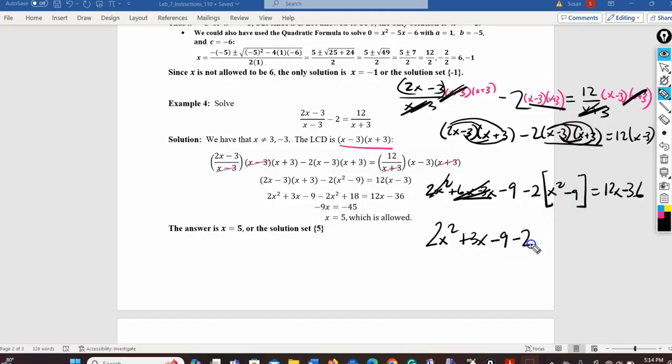Minus 2x squared, and -2 times -9 is plus 18. Now I've got 2x squared here and minus 2x squared, so they cancel. I'm going to have 3x, and -9 plus 18 is positive 9.